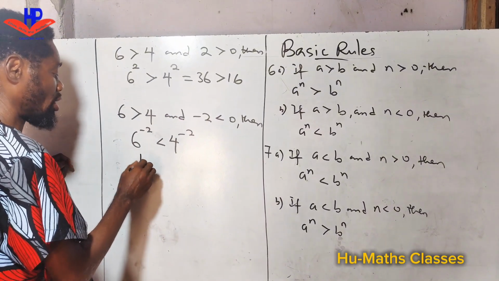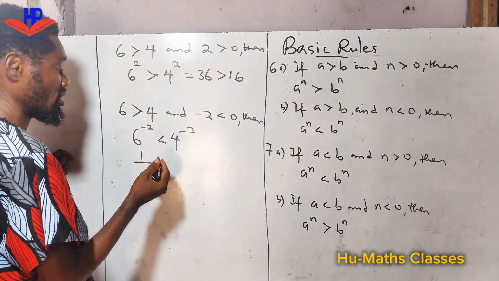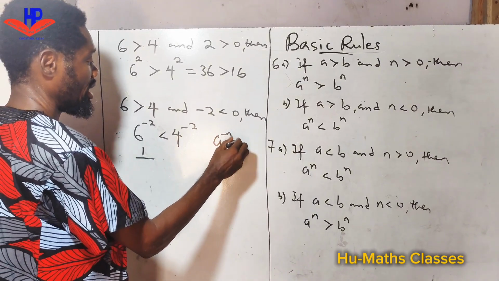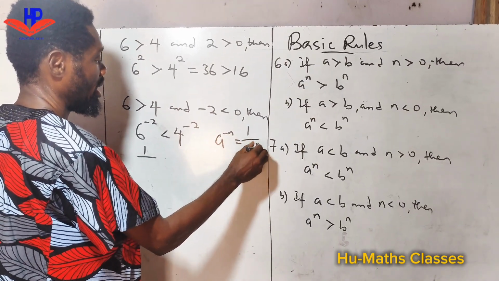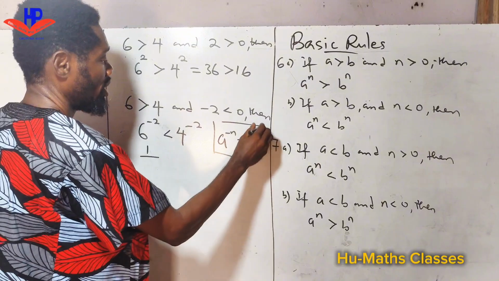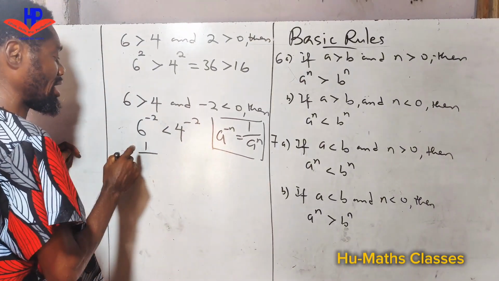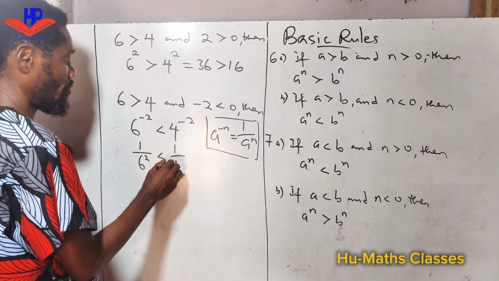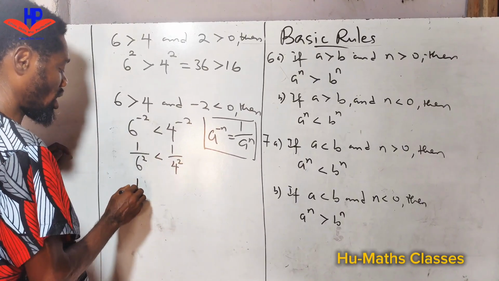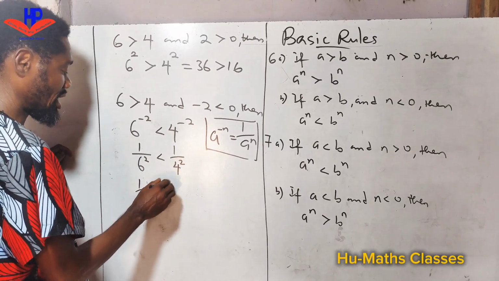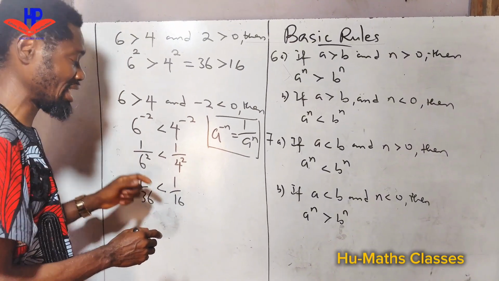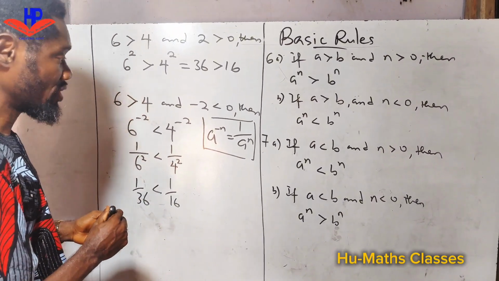According to the rule of indices that states that A raised to power minus N is equal to 1 all over A to power N, that will be 1 over 6 to power 2 less than 1 over 4 to power 2. That will give us 1 over 36 less than 1 over 16. So 1 over 36 is less than 1 over 16.